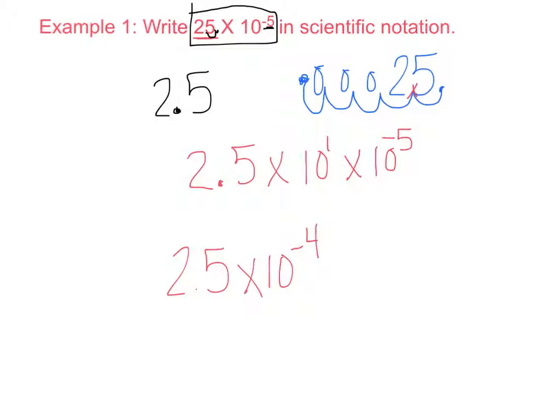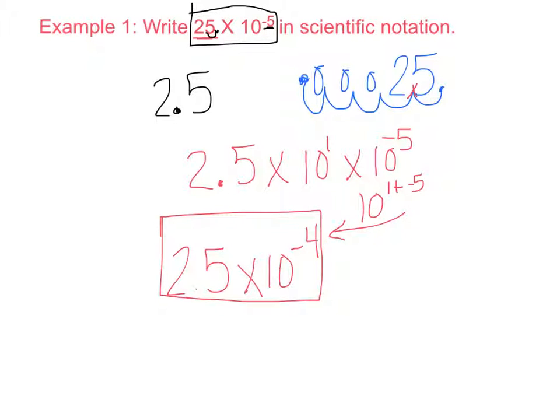Now, when we multiply from review, you can just add exponents when you're multiplying powers with the same base. So therefore, you have 10 to the 1st power plus a negative 5. Well, 1 plus a negative 5 is negative 4, so that's how I get my power of negative 4. And now this is written in correct scientific notation.